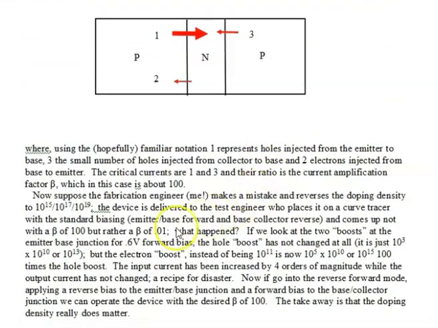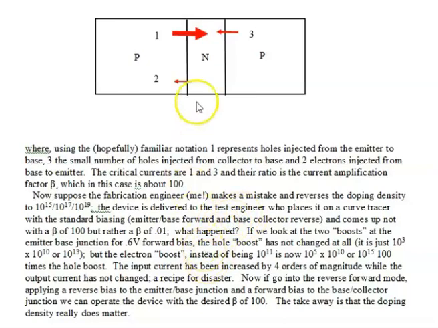But suppose the fabrication engineer, ouch, that could be me, makes a mistake and reverses the doping density. So now we have lightly doped and heavily, or degenerately, doped regions, with the same 10 to the 17th in the middle. Well, the boosts, as I've tried to explain here, are exactly the same.